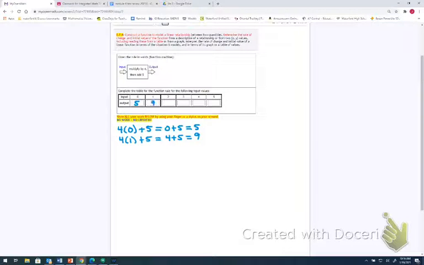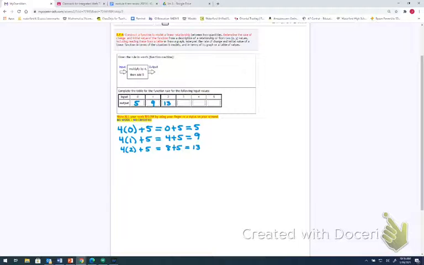And then we put 9 right here. Then we have the next input, which is 2. So we have 4 times 2 plus 5 equals 8 plus 5 equals 13. So now we type 13 right here.